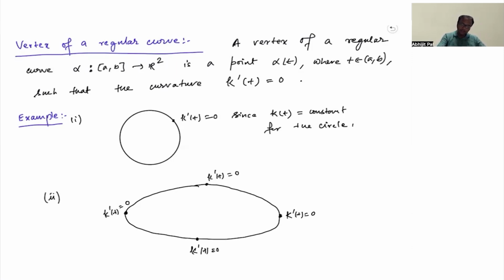Now let us take any regular simple closed curve which is convex. We'll prove that there exist at least 4 vertices. This is due to the mathematician Syama Das Mukhopadhyay.